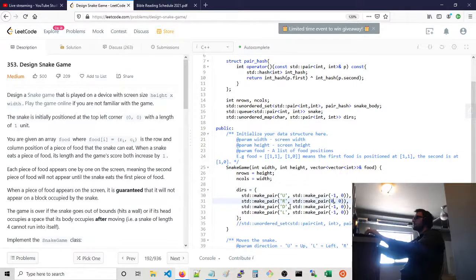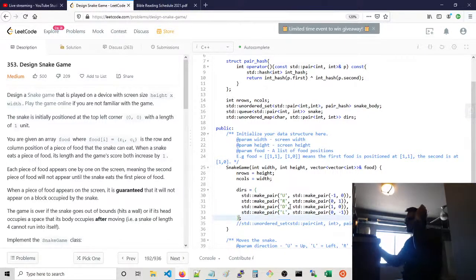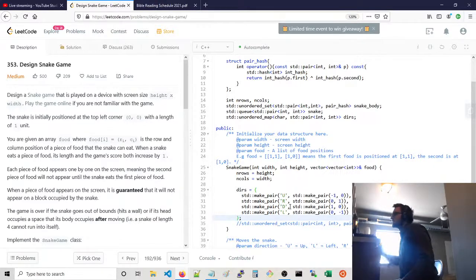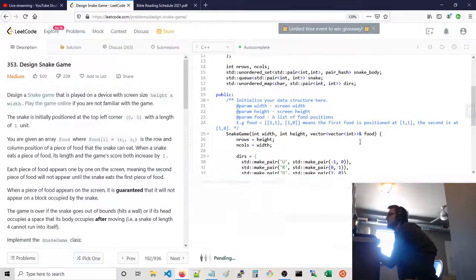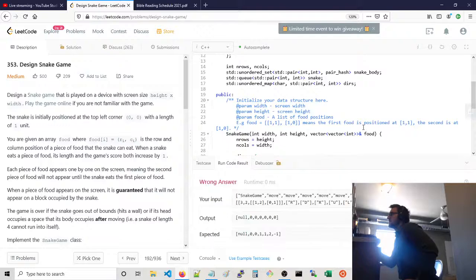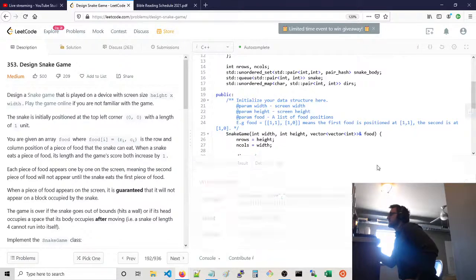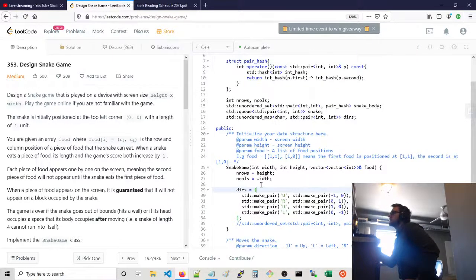Right is this one, down is this one, and to the left is this one, in terms of modifying the row and column positions. So let's see if this compiles. It does. Awesome. Sweet.